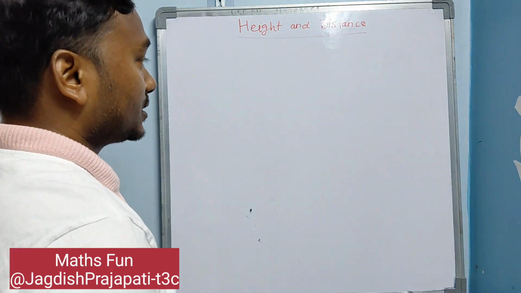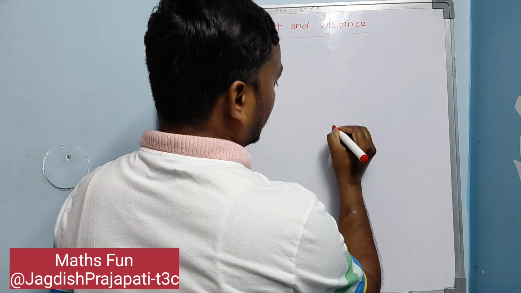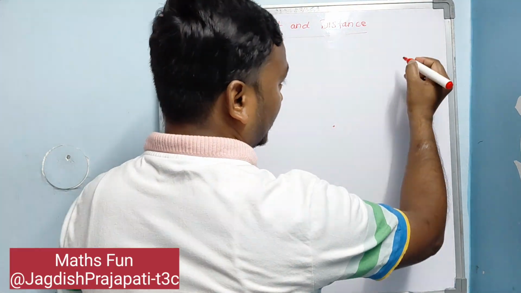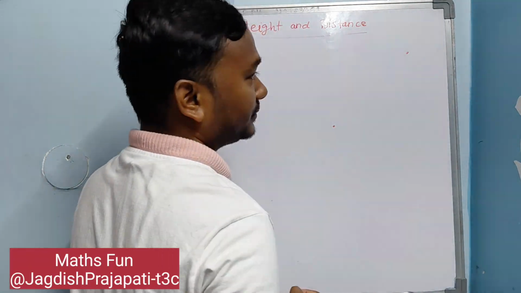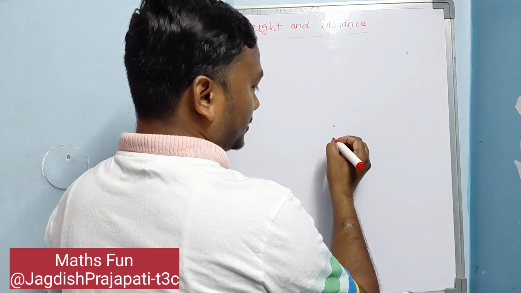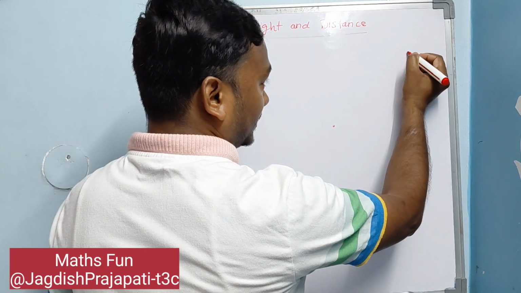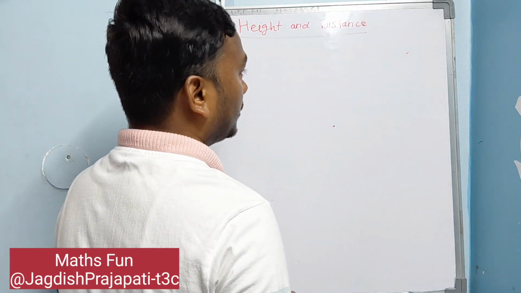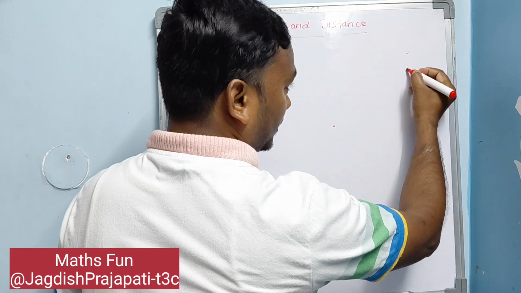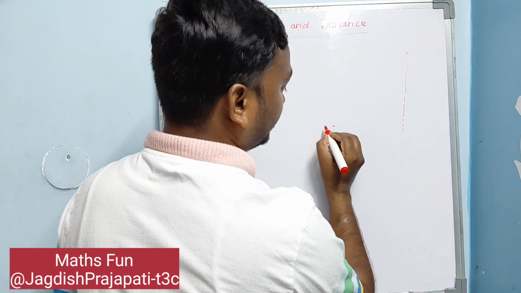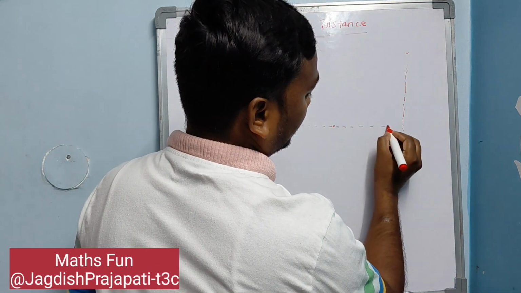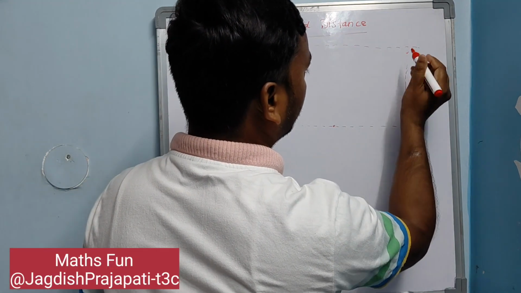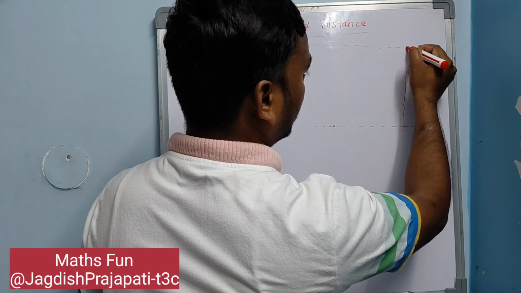So suppose this is a point on the ground and here is a point. This is the observer and this is the target that we have to observe. Draw a perpendicular on the ground and also draw a parallel to the ground here.